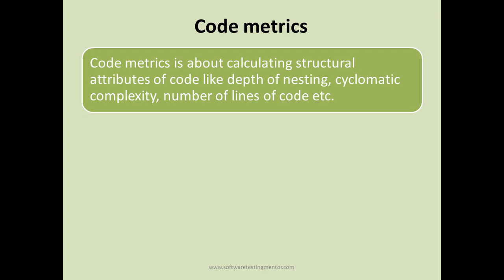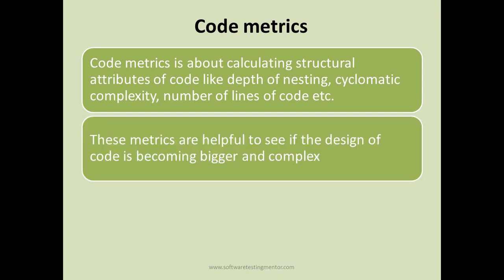Code metrics is nothing but calculating the structural attributes, like what is the level of nesting of the code, what is the complexity of the code, how many lines of code there are in the total software. So all these kinds of metrics are also provided by the static analysis tool.